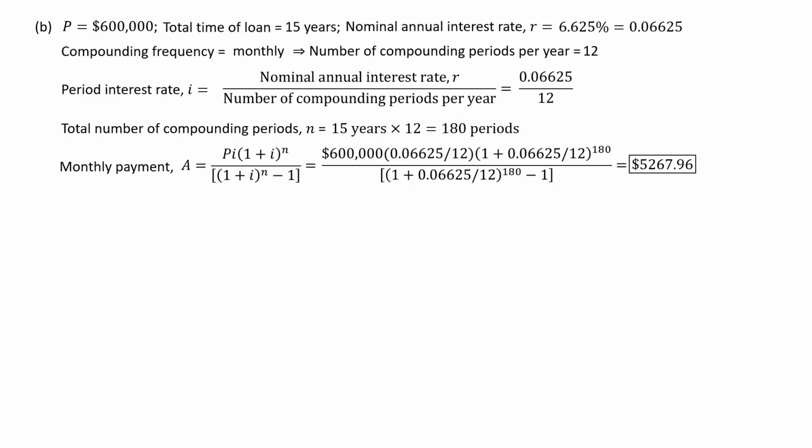5,267. Okay. So that was close to 4,000 and this is 5,267. No wonder this is a little more, but out of curiosity, I want to punch in times 180.